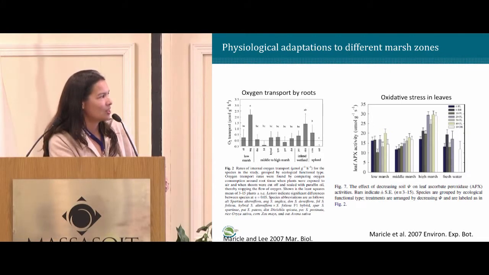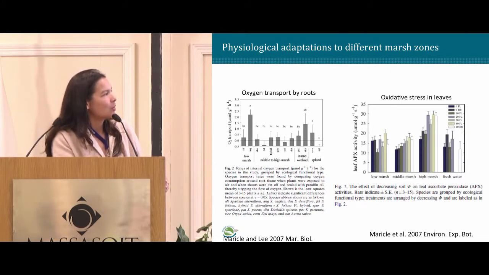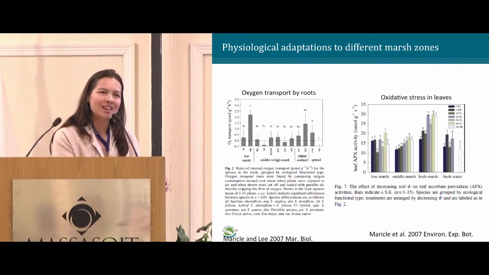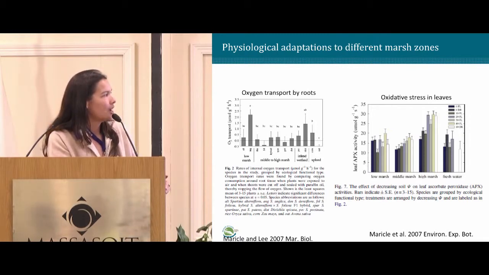In this case, this is just a measure of leaf ascorbate peroxidase, which is one enzyme that indicates stress response to salinity and low water, and that was actually higher in some of the high marsh plants.